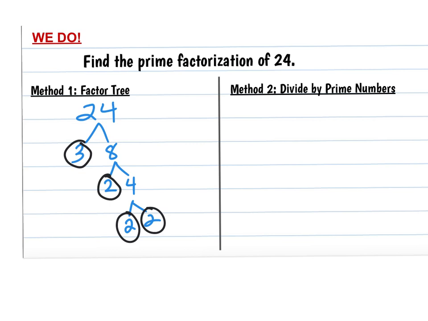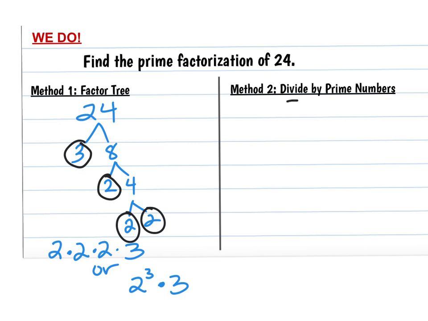Then you could write this out as 2 times 2 times 2 times 3, which is the same as 2 to the third power, repeated multiplication, times 3. You'll notice I'm using a dot much more than I will use an X, because later on you're going to see algebra, and you don't want that X to get confused.